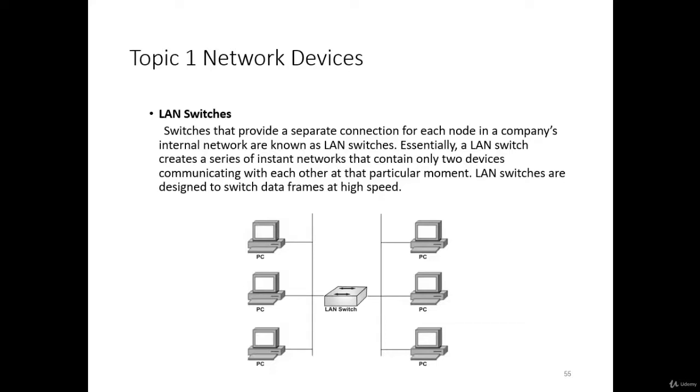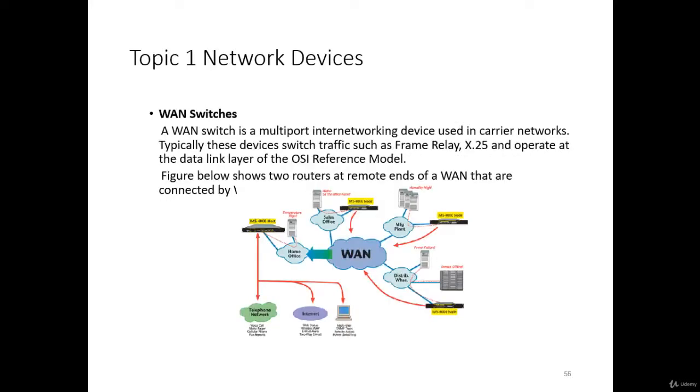LAN switches are designed to switch data frames at high speed. WAN switches. A WAN switch is a multi-port internetworking device used in carrier networks. Typically, these devices switch traffic such as frame relay and X.25, and operate at the data link layer of the OSI reference model.